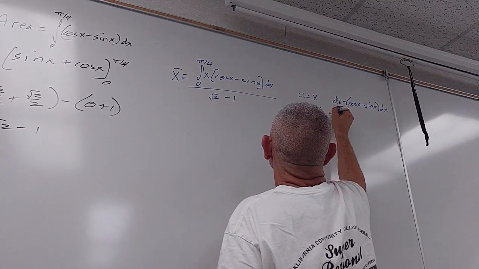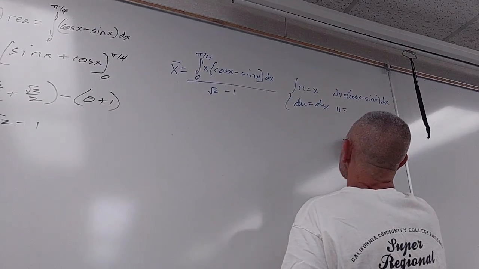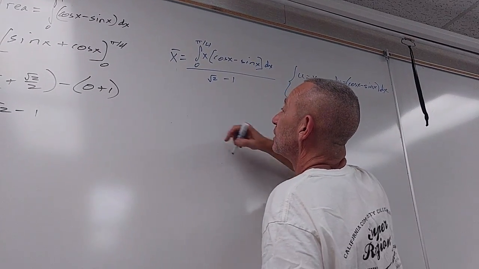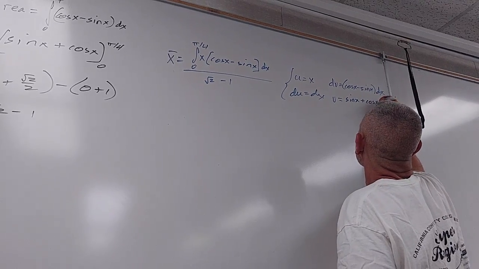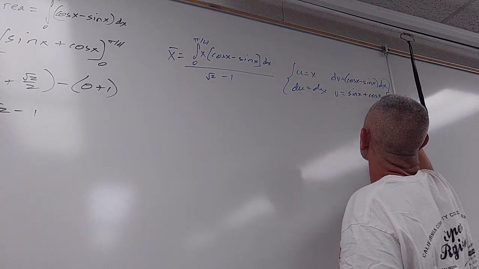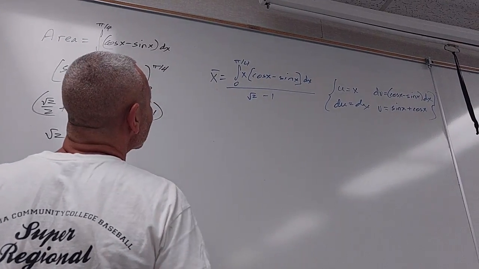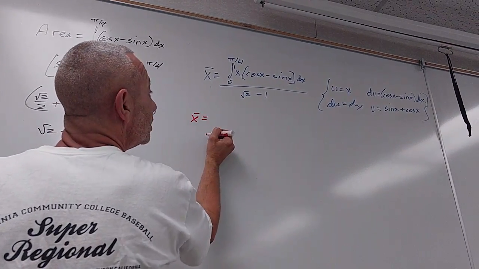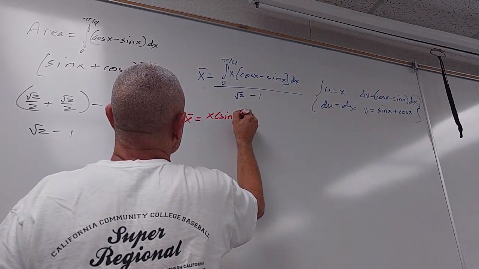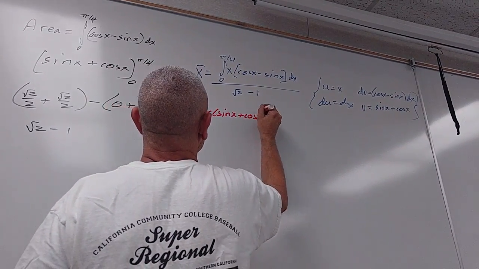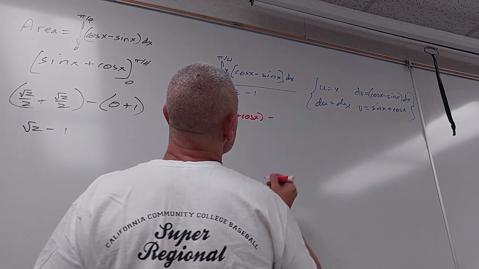du is dx, and v is the integral of that junk, which I think we just did, didn't we? Sine x plus cosine x. So, x bar equals u times v, so x times sine x plus cosine x, minus the integral of v du.